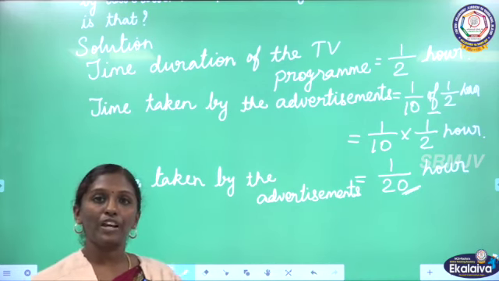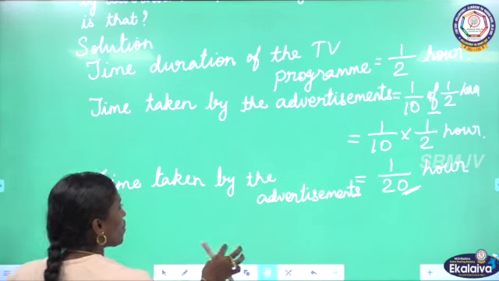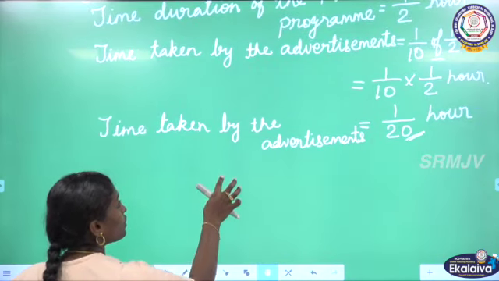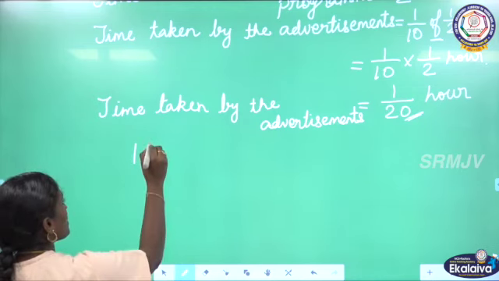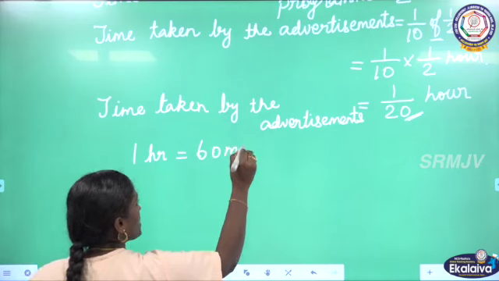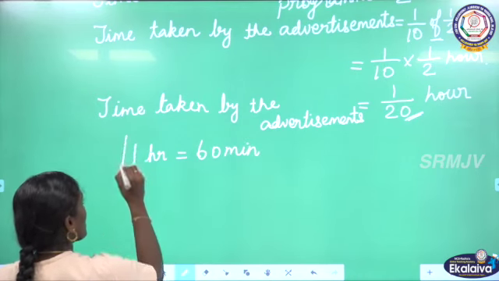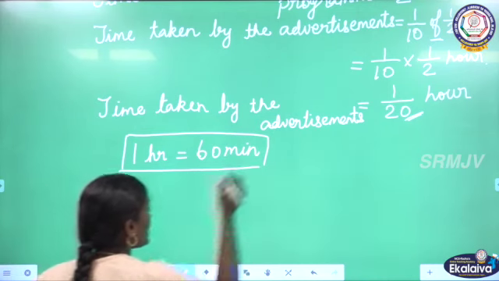Now we are going to find the time taken in minutes. We know that 1 hour is equal to 60 minutes. Isn't it? Here we are having 1/20 hour.